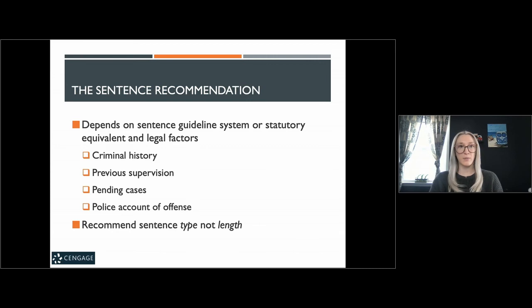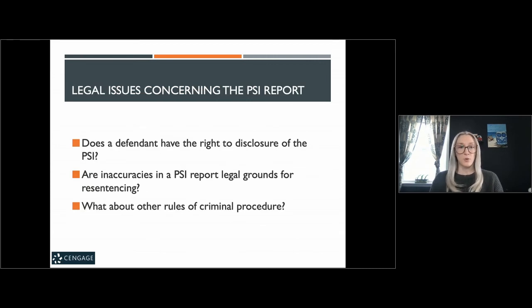Once we give that recommendation to the courts, they're going to use that report and all the information obtained in it to make their decision. Again, if it's a structured sentence, it's based off of the guidelines. If it's unstructured, then they'll be making a more individualized decision using all of the information that the PSI officer gave.